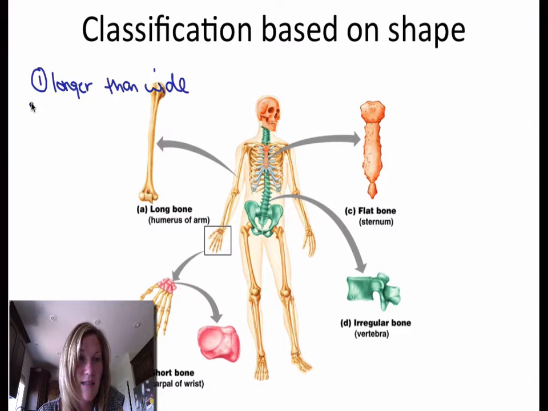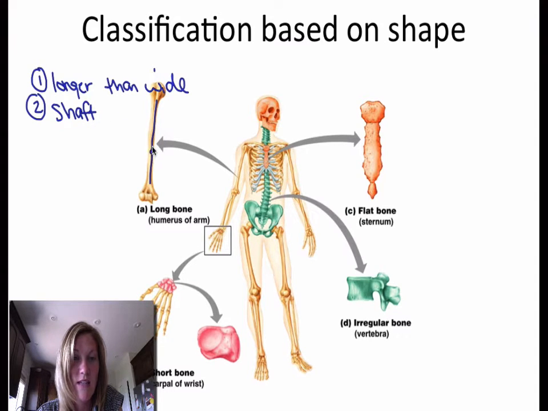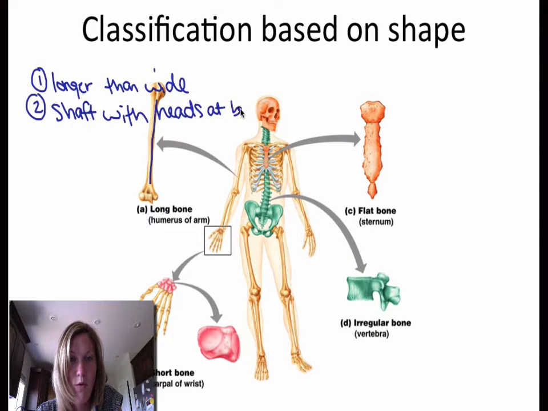A second characteristic is they have the bone shaft, just like this, but they have two heads on each side. So a shaft with heads at both ends.